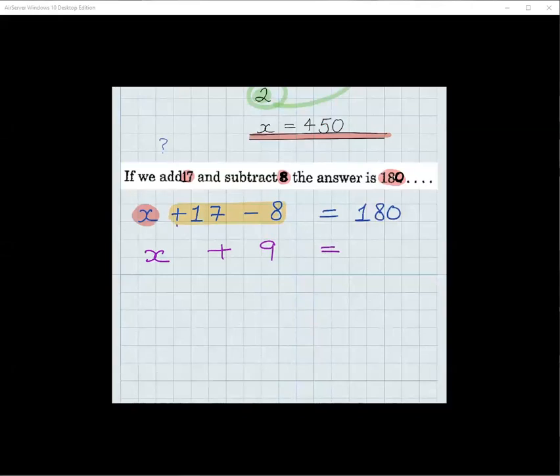So we could actually simplify the like terms first and make the question a little bit simpler. So we still want to work out the x. So what do we do with the plus 9 now? You move it to the 180, and then you turn it into a minus. So you have to do 180 minus 9, which is 171.